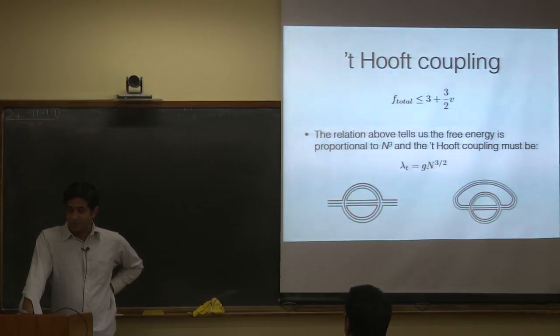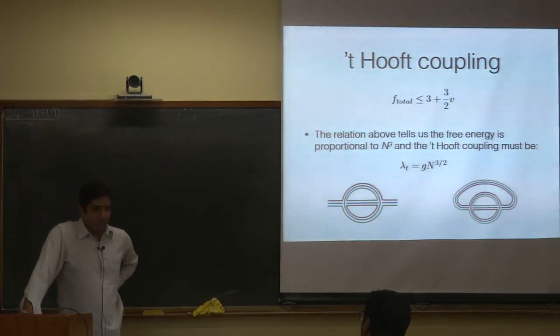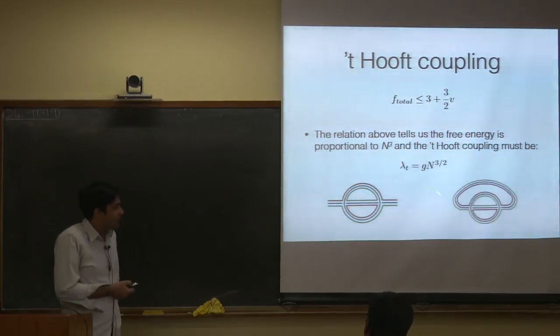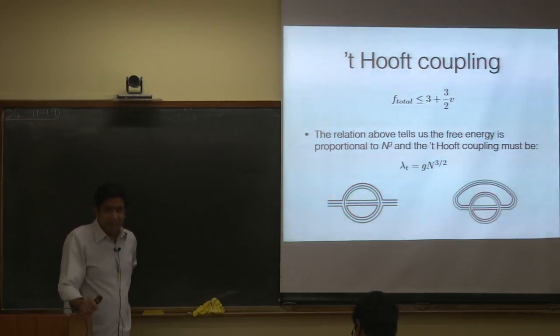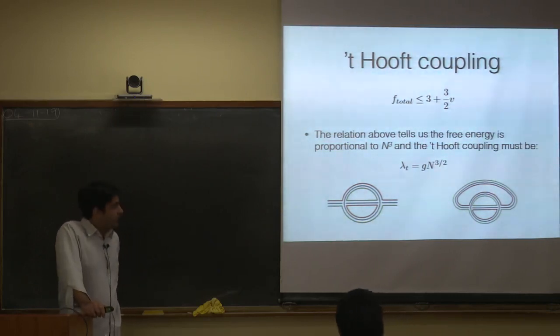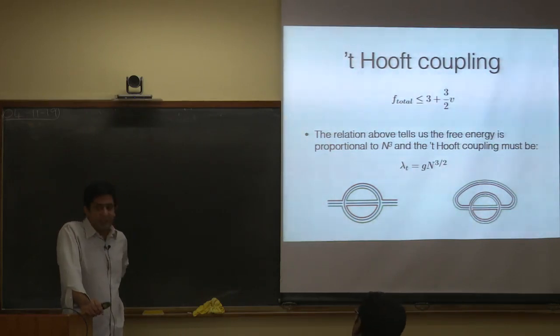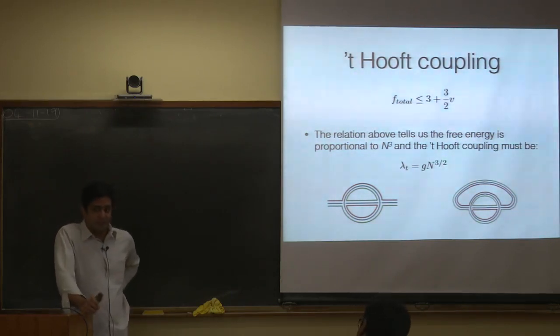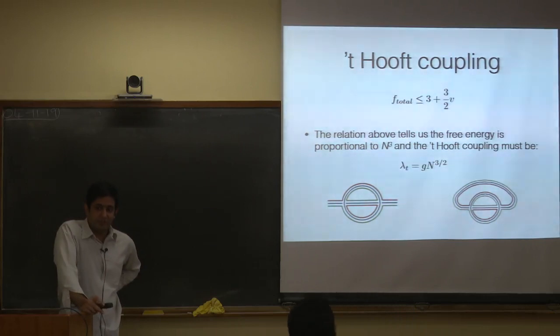But can one see quickly that no other? No, so I'm going to show that in the next 5, 6 slides. So you can check that melonic diagrams will give you this power pretty easily. Now the question is, are those the only diagrams of this power? And that I'll do. That's the next stage of the argument.